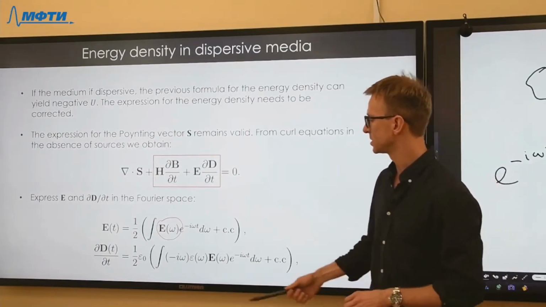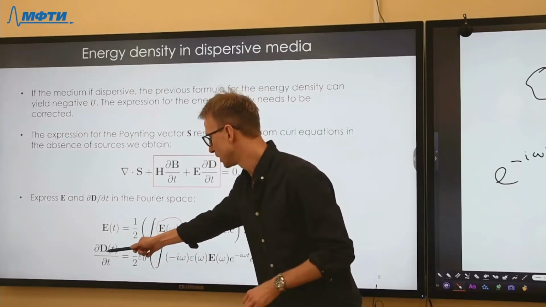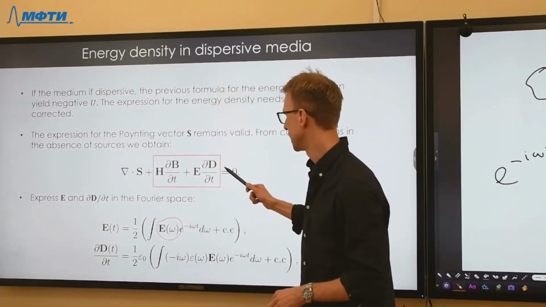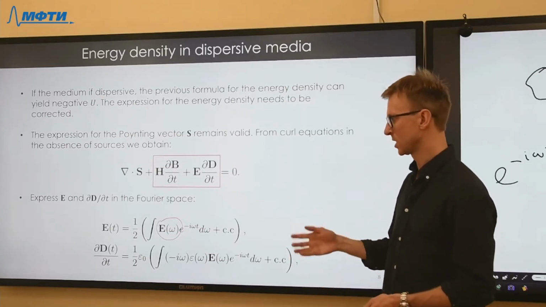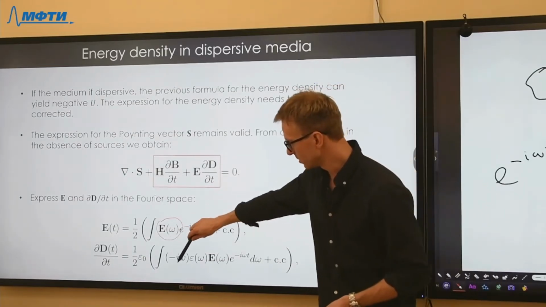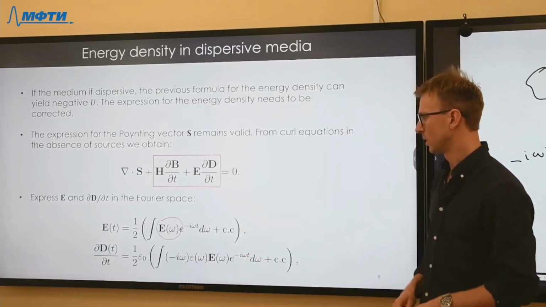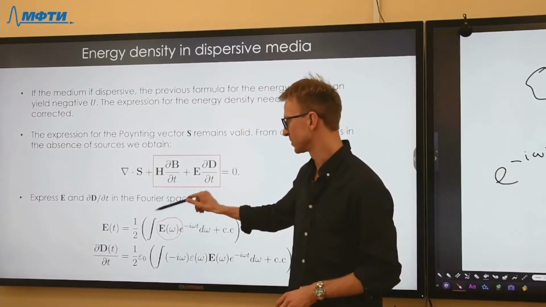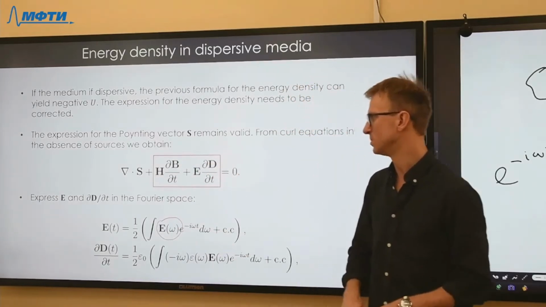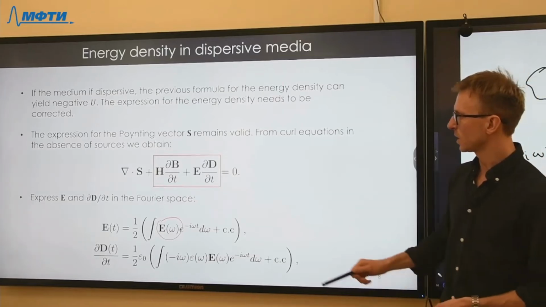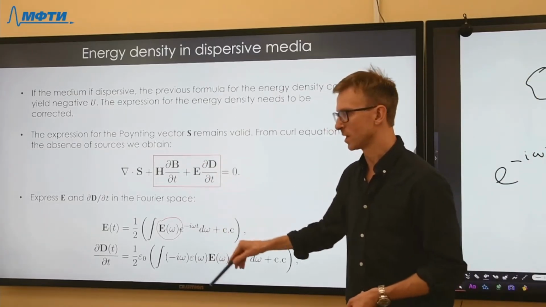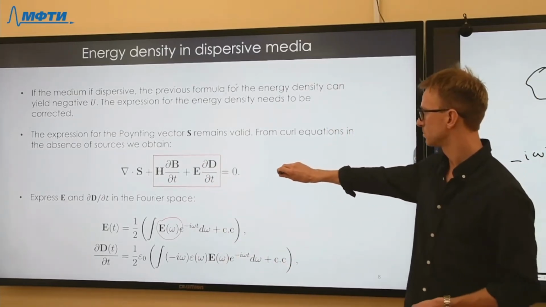Okay, and in a similar way, we can calculate the time derivative of D by remembering how the time derivative works in the case of Fourier representation. And we can write analogous expressions for H and for dB over dt. Now we're gonna have to calculate this product and add the two terms together.